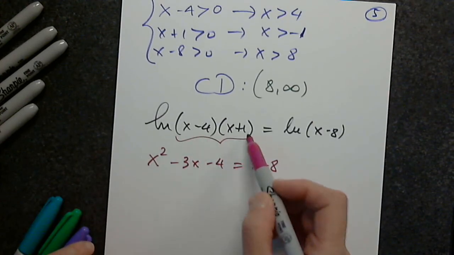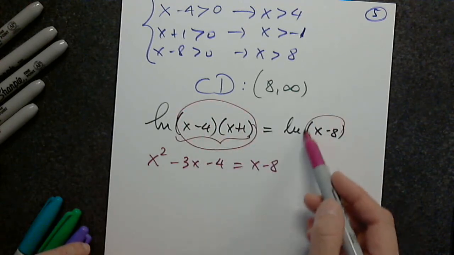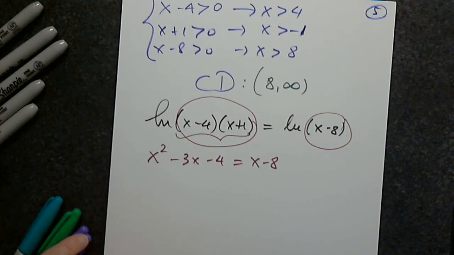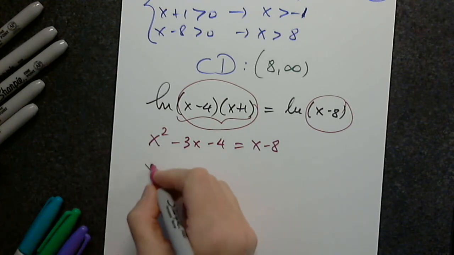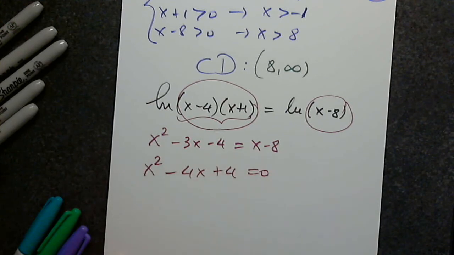This product, x squared plus x minus 4x and minus 4. So this expression must equal this expression. 2 logs are equal and they have the same base. Very good. So then what do I do next? Exactly, it's quadratic. X squared minus 4x plus 4 equals 0. Well done.